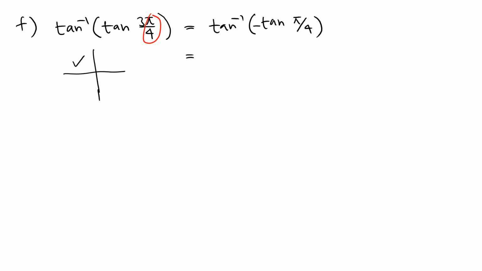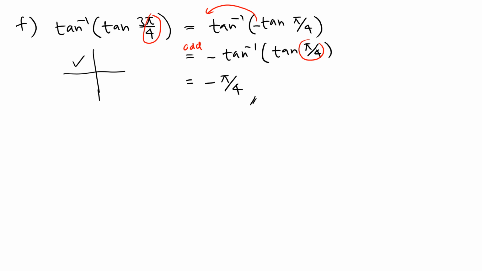Now we're going to pull the negative sign out because this is an odd function. So it's negative tan inverse tan pi over 4. Now the cancellation property works because this is in the right domain. So the answer is negative pi over 4.